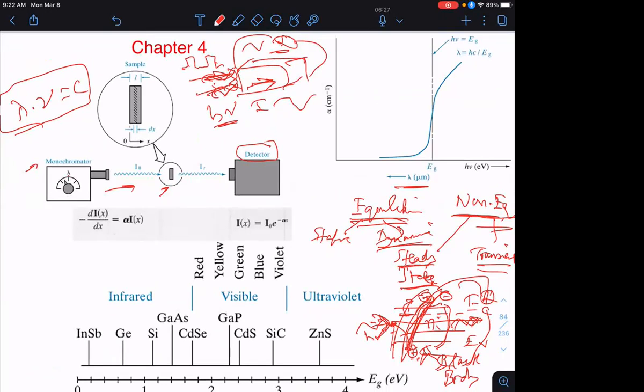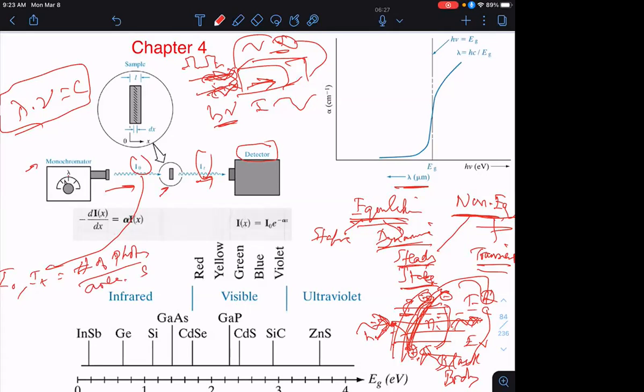All right, so you have some way of detecting how much photons are flowing past this thin slab of semiconductor. That's called my transmitted flux, and the incident flux is I naught. Now, what are the units of this photon flux? So I naught or I T has units of number of photons per unit area per second.